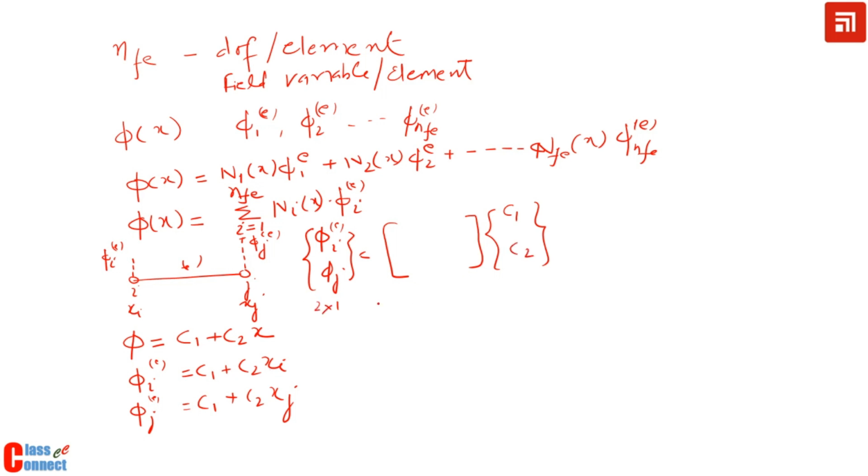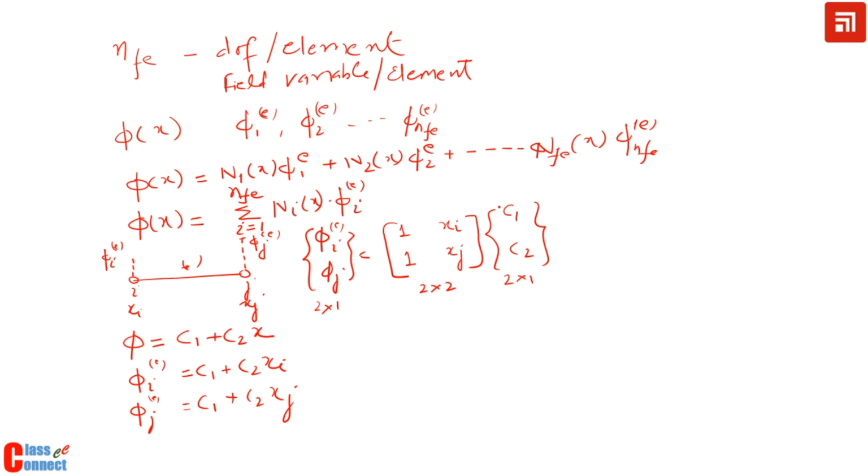This is 2 into 1, this is 2 into 1, and this would therefore be 2 into 2. This is also clear from the equation that the coefficient of C1 is 1, and then it is C2 with xi, and then it is 1 and xj.